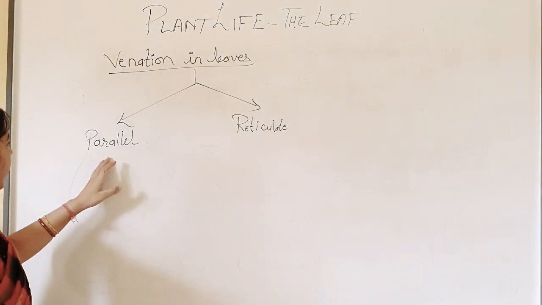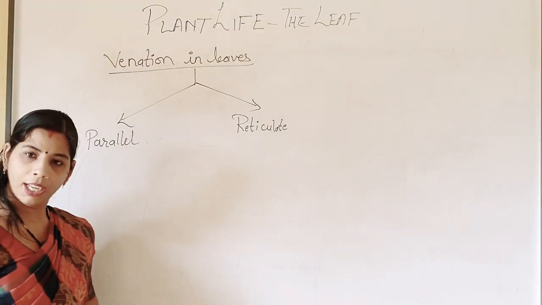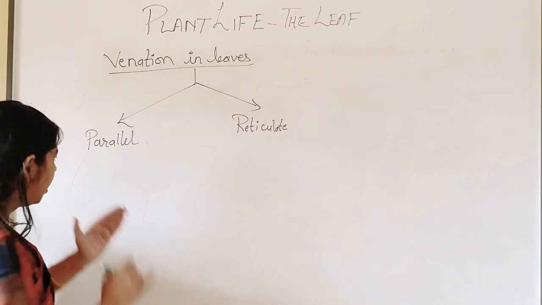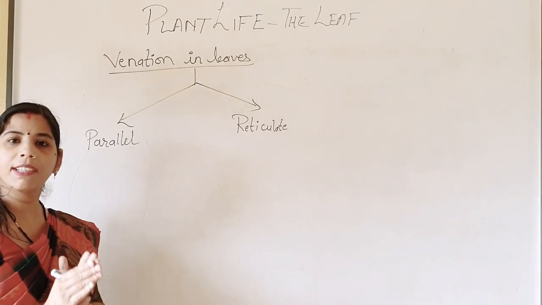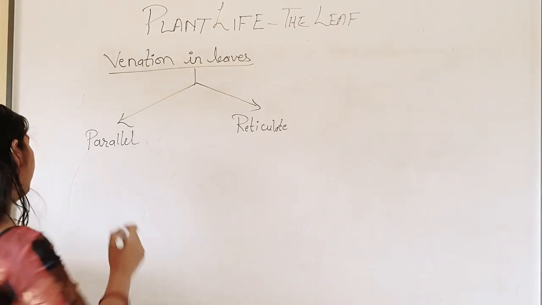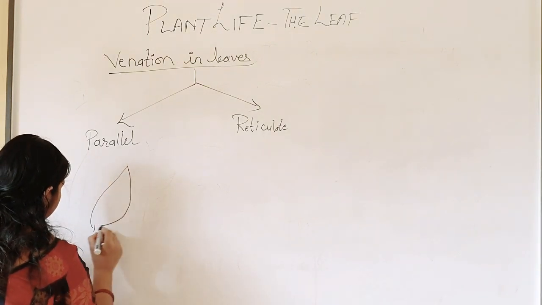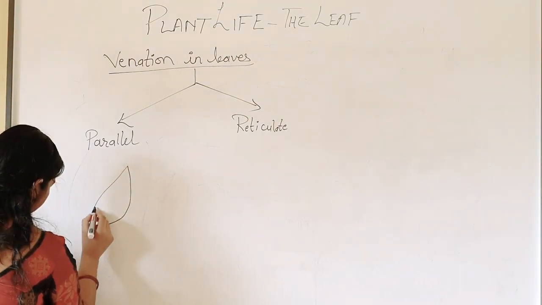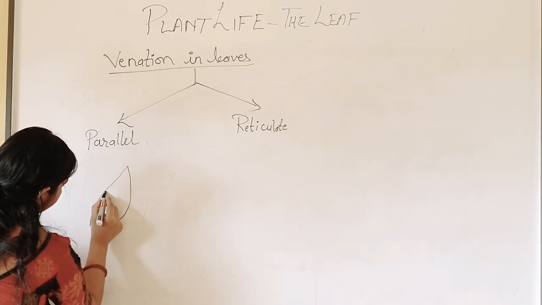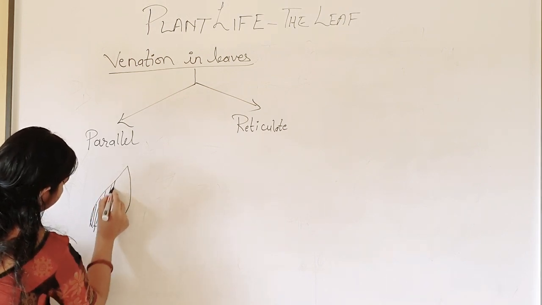So first we will start with the parallel venation. In parallel venation, the veins are present in parallel lines like this. In this type of venation, the lines are parallel to each other.